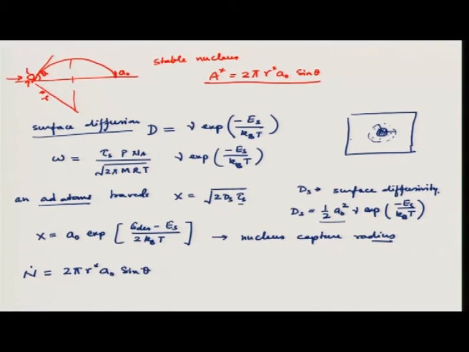This is my area, this is my omega, P and A over 2 pi m kB T, and tau s I can write in terms of energy, or n s times exp of the energy of desorption minus energy of surface diffusion minus delta G star divided by kB T.